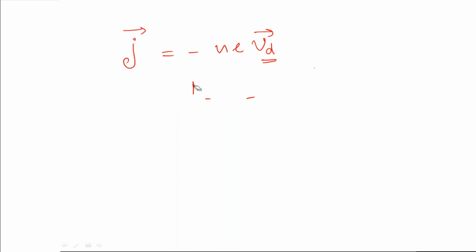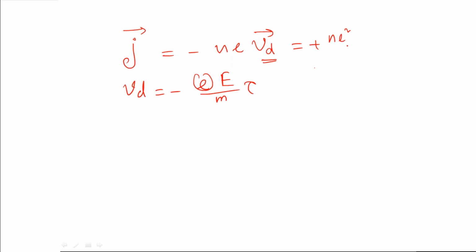Now look what I'll do. I have this value Vd equal to E by m into tau. I'll substitute it here and see what I get. Minus minus goes off, so we get n e square E tau by m.